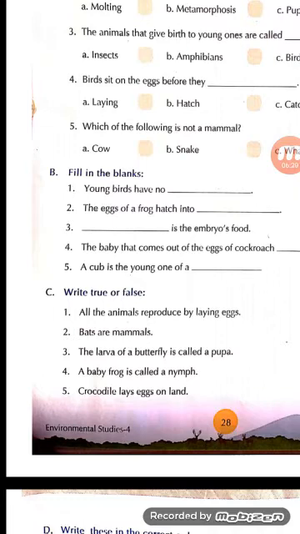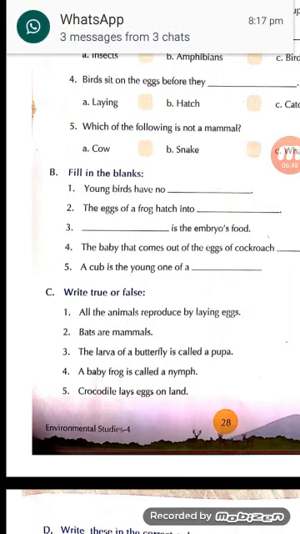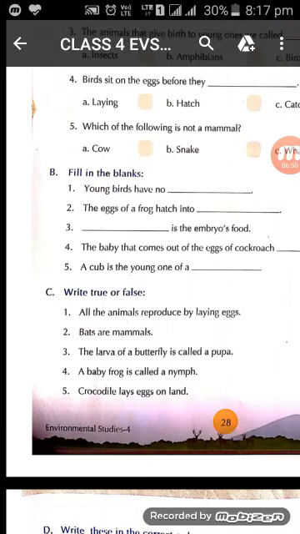While studying the life cycle of frog, we studied that the egg of a frog hatches into a tadpole. Tadpole has a tail. It doesn't resemble its parent, and it has gills to breathe in water.